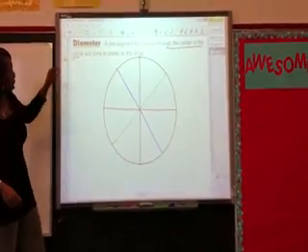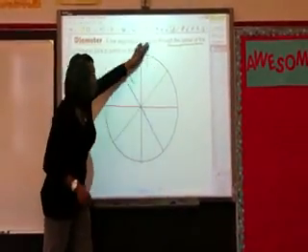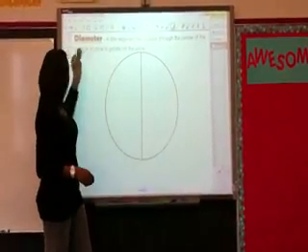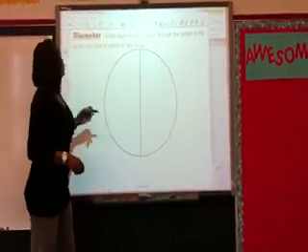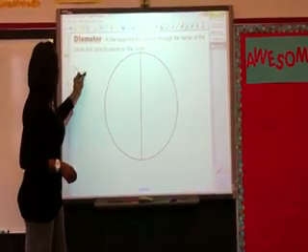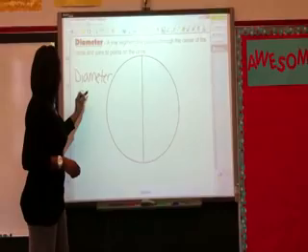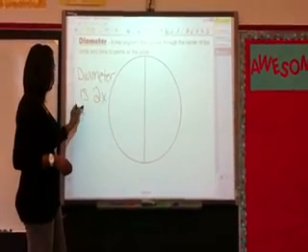So if we go back to our slide of the diameter, we can also talk about its relationship to the radius. So the diameter is 2 times the radius.